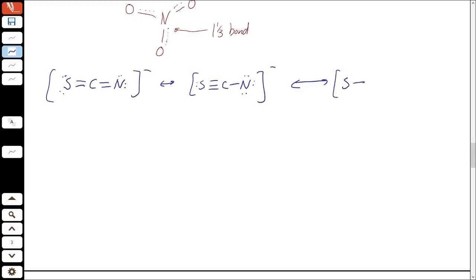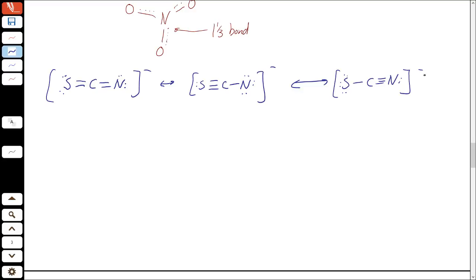And then here's a third one. Those are all valid Lewis structures for thiocyanate ion. They all fit the octet rule. They all have the correct number of electrons. They all work. But they are also clearly different.